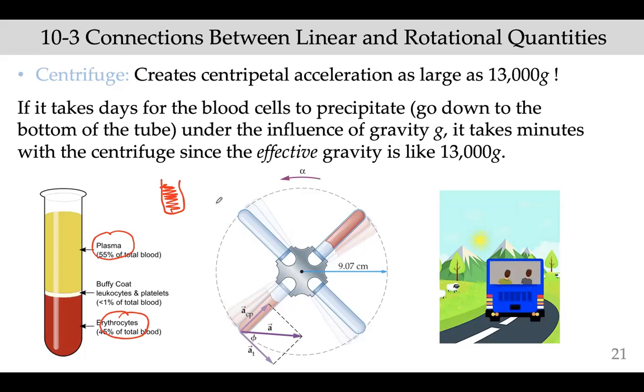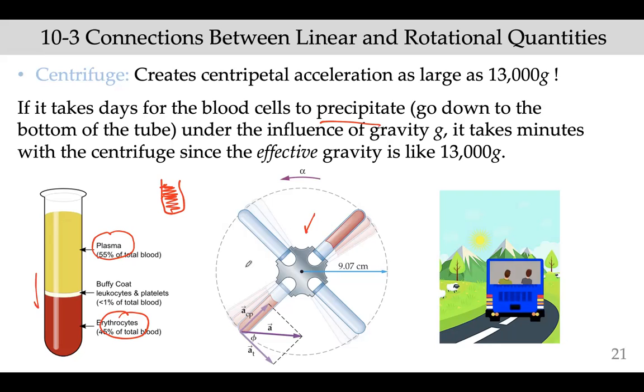If they wait for the blood to precipitate, that means the erythrocytes going down and the plasma staying up because it has less density, it will take days. But they don't have days. So they put these tubes into a centrifuge that rotates and accelerates really fast in either clockwise or counterclockwise.